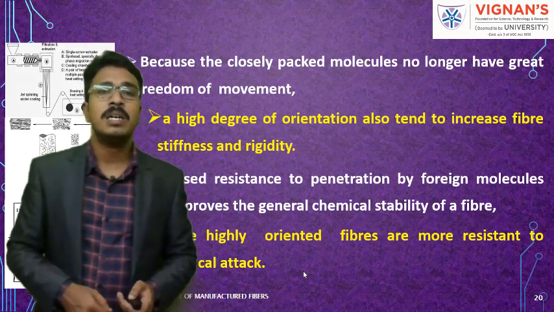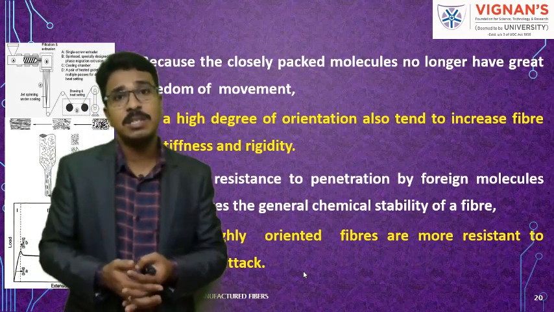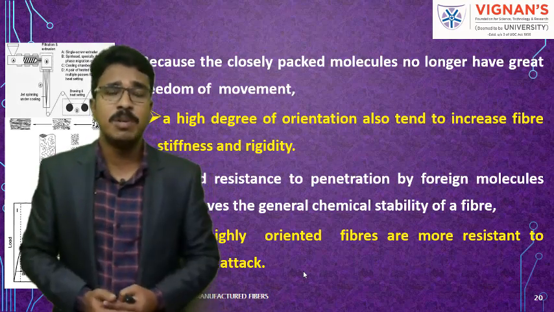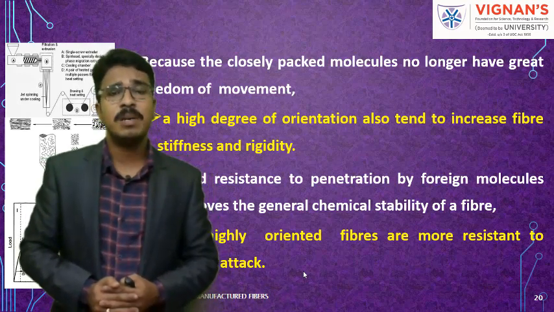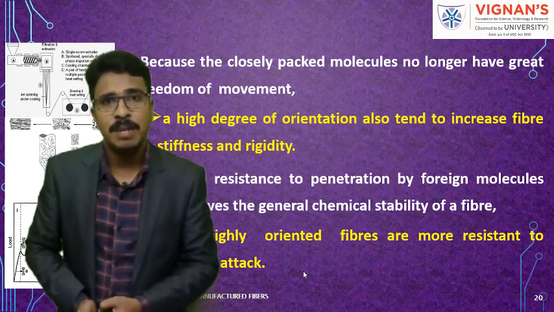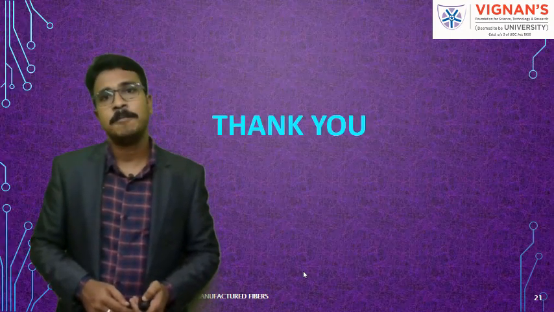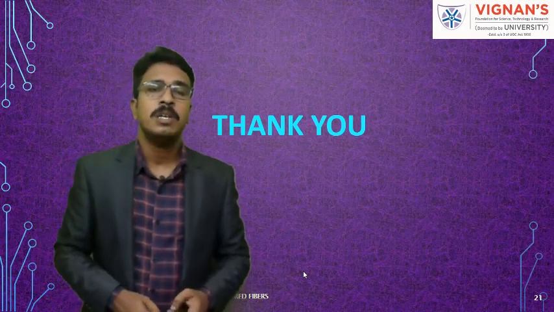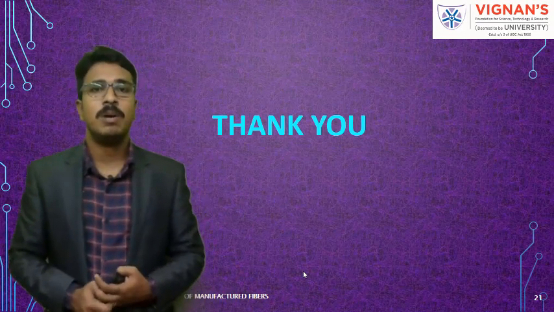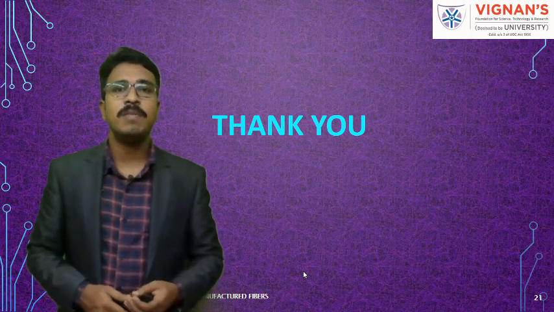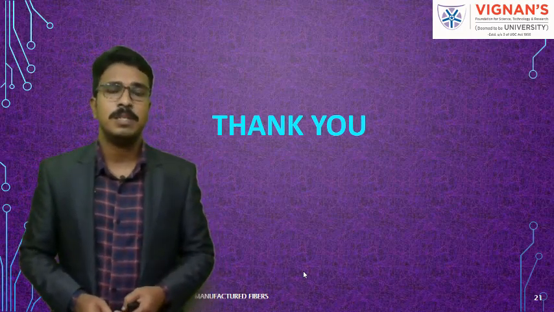Okay. And because of this compact structure you get after the drawing process, the fiber, polymer or filament becomes resistant towards most chemical attack. Understand? So this is all about the drawing behavior of thermoplastic polymers.